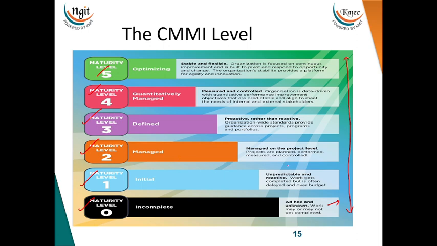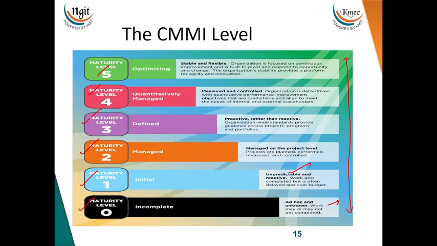Whereas initial means unpredictable and reactive. What do you mean by reactive? Organizations use the procedures only once they get an output, meaning they are not using the procedures and standards from the starting point. They are doing bits and pieces based on the budget.